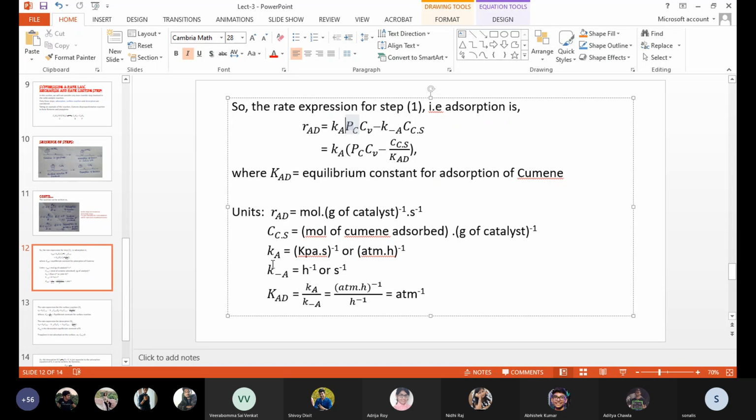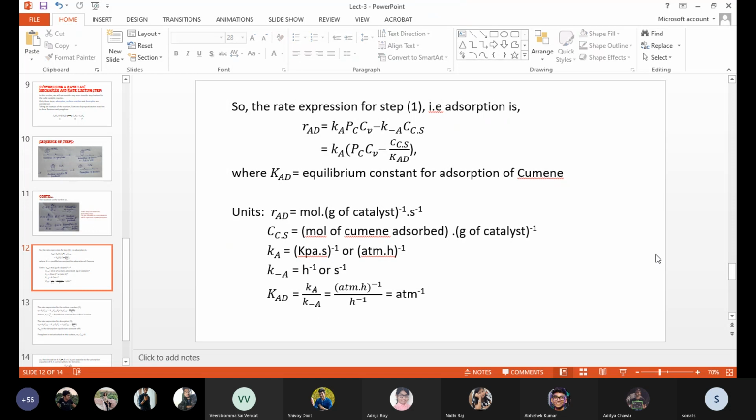Small ka, the forward reaction rate constant, has units of kilopascal inverse second inverse or atmosphere inverse hour inverse. K of minus a has the unit hour inverse or second inverse, and KAD, the adsorption equilibrium constant, is small ka by small k of minus a. So atmosphere inverse hour inverse by hour inverse gives us atmosphere inverse. These are the units of the different terms.